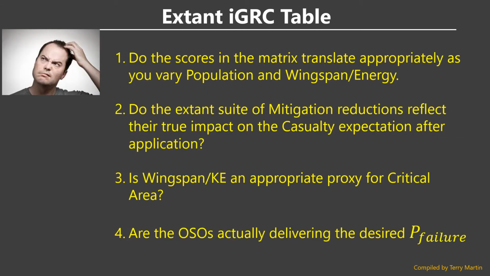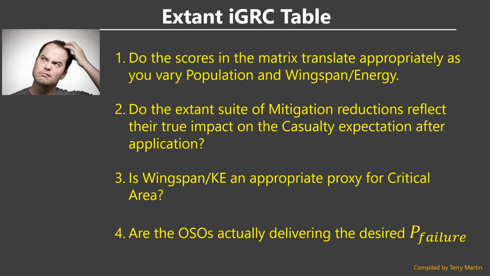So what I've got here listed is a range of questions that we had to ask ourselves as we reviewed the suitability of the GRC table and tried to substantiate the values in it. Now there was a body of background work that was done, and I'll get to that shortly, but some of the things that were raised along the way repetitively were: are the scores in the matrix translating appropriately in an observably consistent way as you vary population and wingspan/energy?